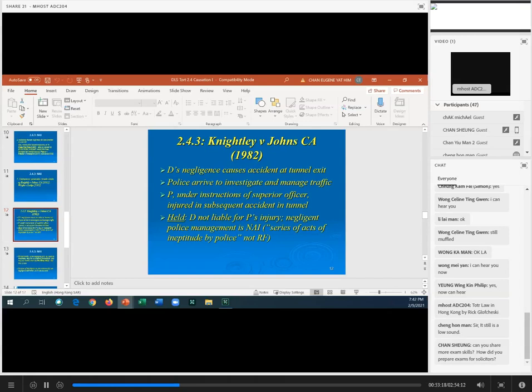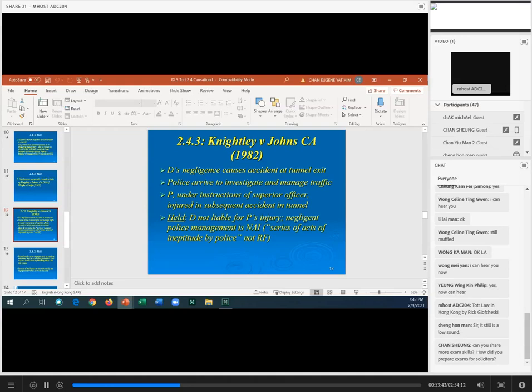Anyway, what happens here is that the defendant's negligence caused an accident at the tunnel exit. So that was the first incident. And then the police arrive, obviously, to investigate and manage the traffic. So it is reasonably foreseeable that the police would arrive to investigate and control the traffic.